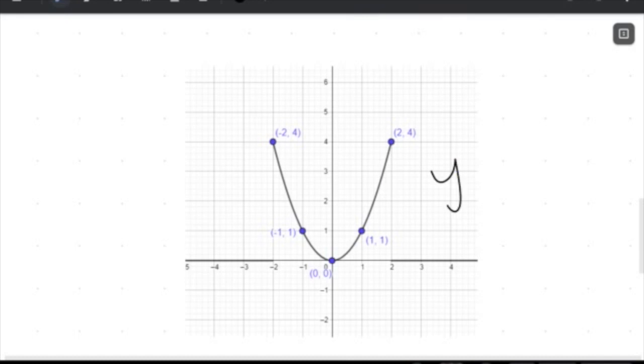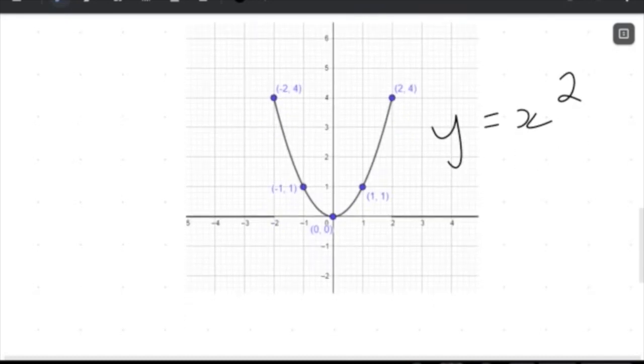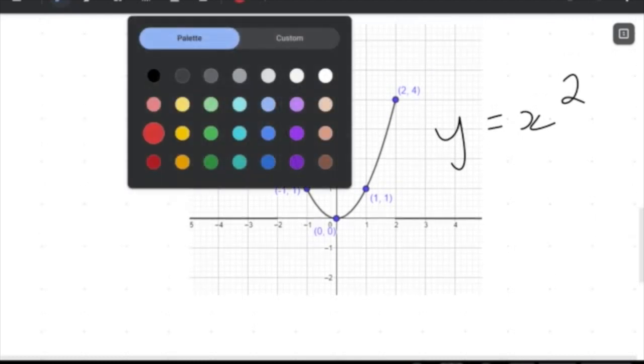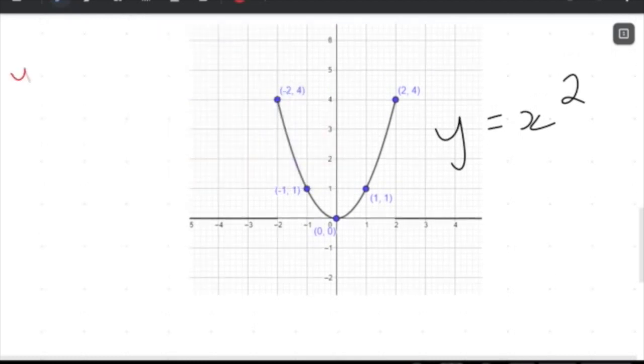We have once again my regular parabola, y equals x squared, and I want to see the effect of making the coefficient, instead of 2, a number smaller than 1. All the numbers smaller than 1, we start to go into our fractions, these portions of a whole.